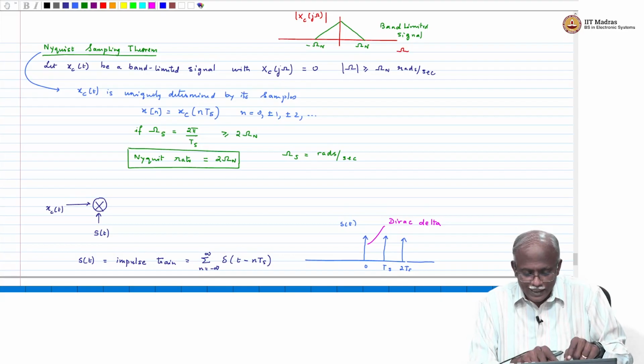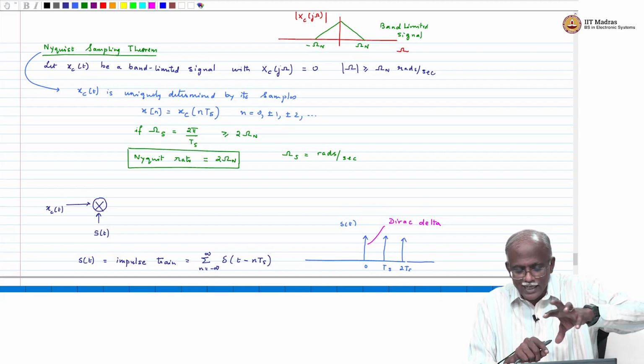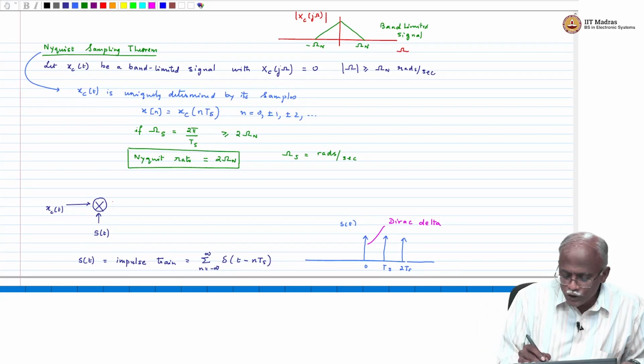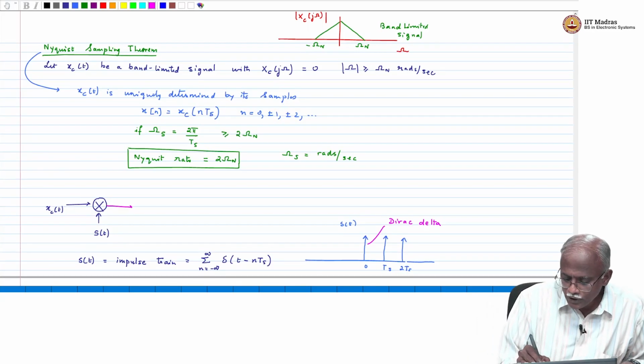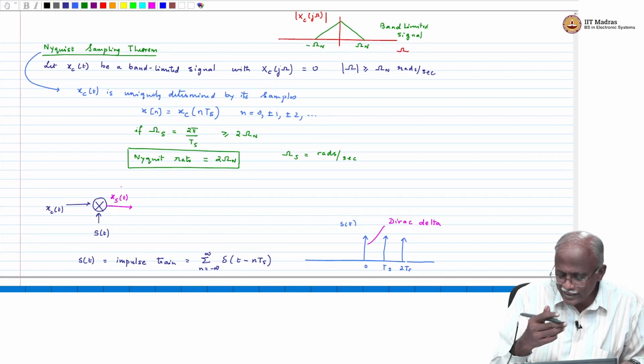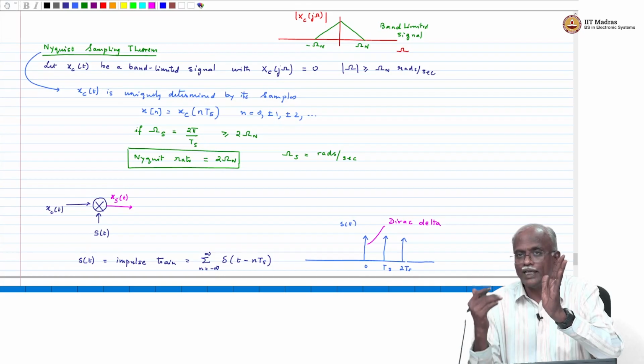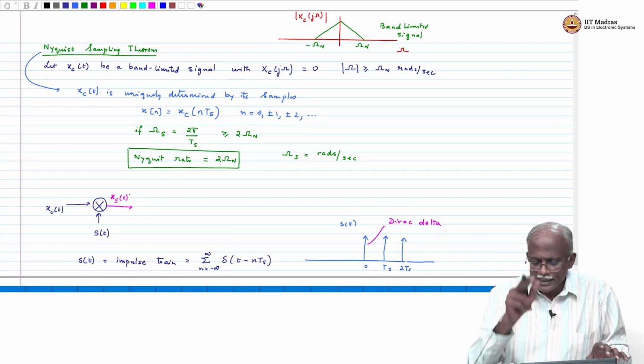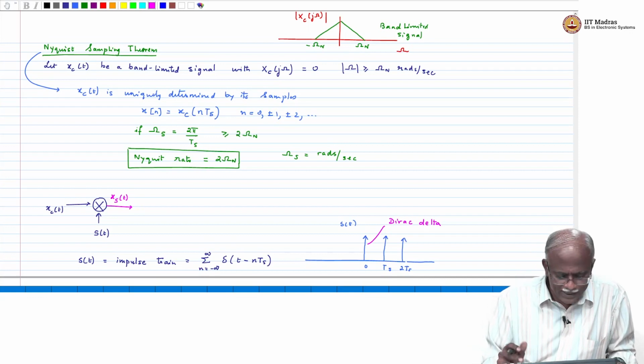So you can see that in some sense this is like the process of sampling, but we just have to be careful. So this output, we call xs of t, is xc of t multiplied by the impulse train.